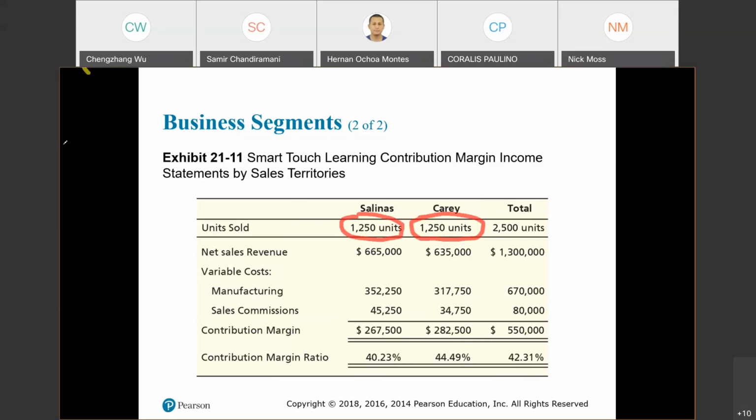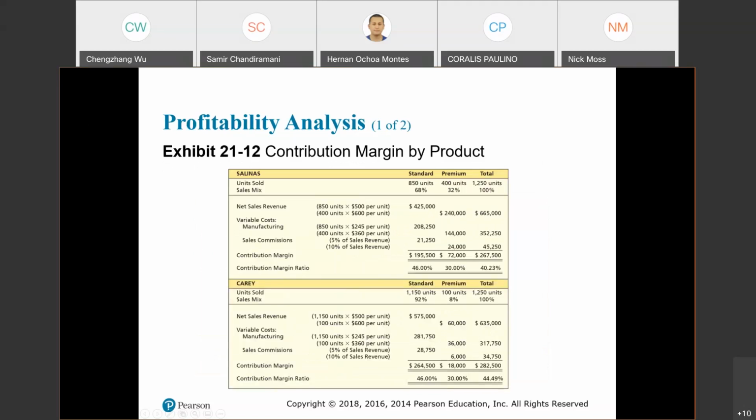Okay, next. Let's see this slide. This slide shows that even though both sales representatives sold the same amount of tablets, Selena had higher revenues, whereas Carrie had a higher contribution margin and contribution margin ratio.